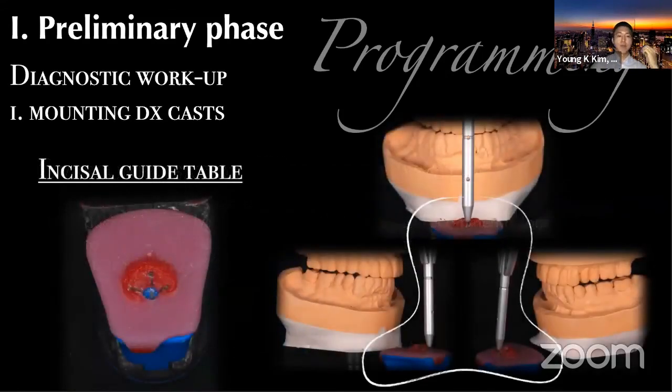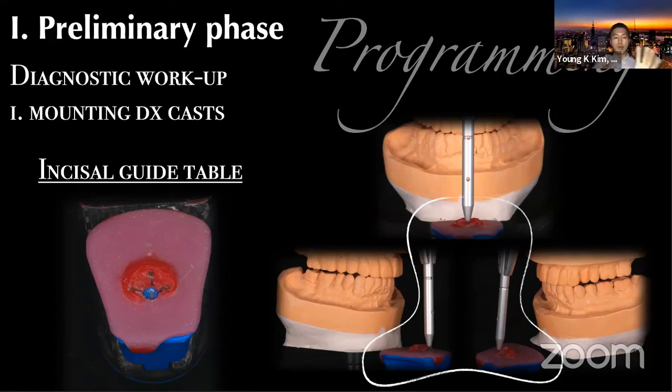And as I mentioned, the incisal guide table will be the critical armamentarium to preserve whatever mutually protected occlusion we achieved during the interim phase. We want to transfer it, or with the wax-up, we want to transfer it to our definitive prostheses. It should be in harmony with the posterior determinants, and during protrusion, it overrides the posterior determinants.